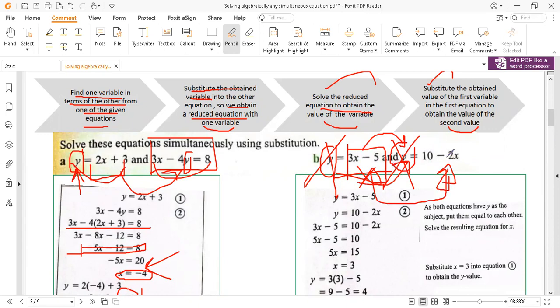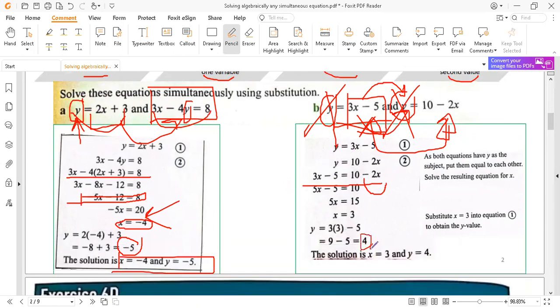We go further to solve this equation by having the variables on one side of the equal sign and the constants on the other side, and we solve it to obtain x equal to 3.